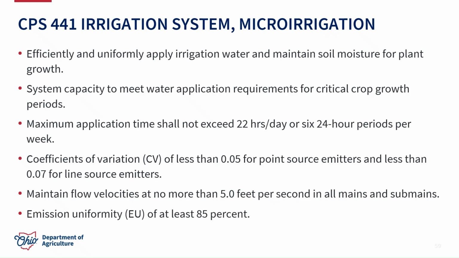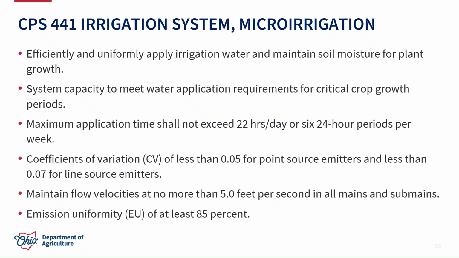We want the systems we design to efficiently and uniformly apply irrigation water and maintain the soil moisture for plant growth in the field that we're trying to irrigate. That system needs to have the capacity to meet the water requirements of that crop during the critical periods of growth. You think, when it's July and we have a really dry spell, that irrigation system needs to be designed to meet that worst case scenario.